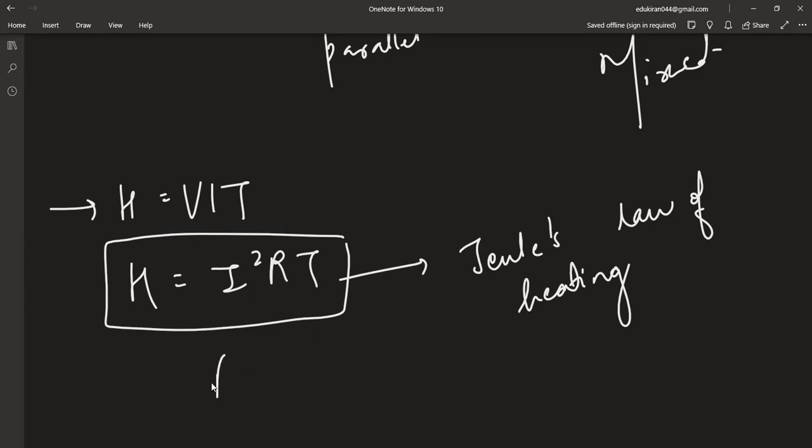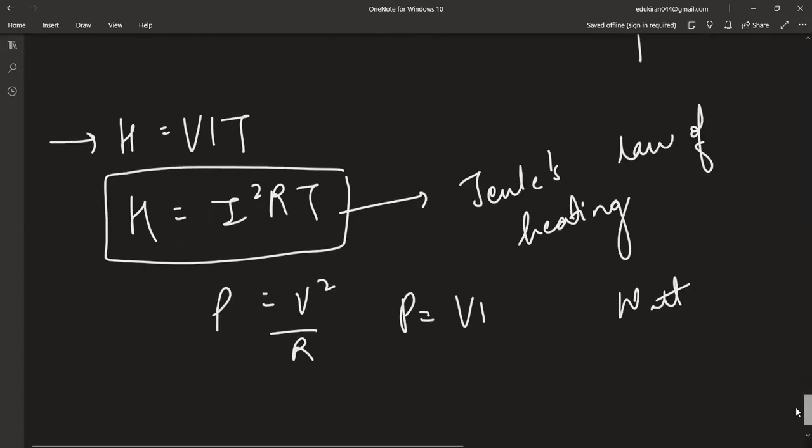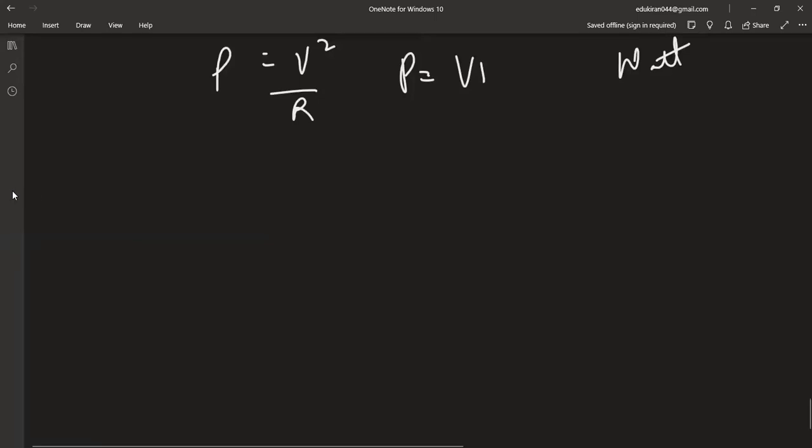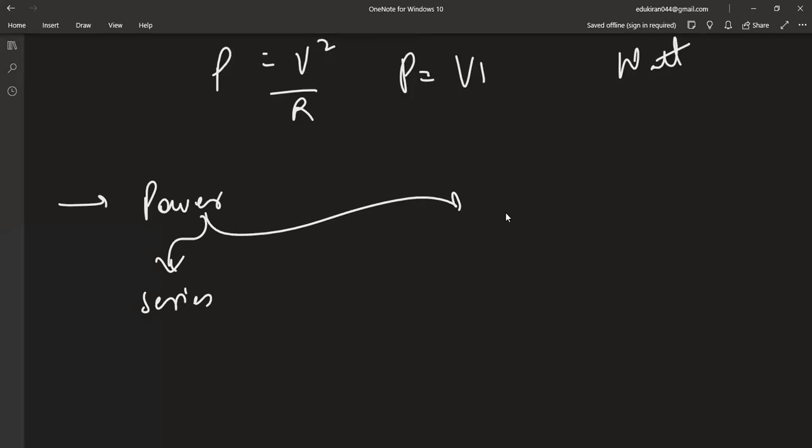Then power can also be related. Power is V square by R, and P is equal to VI. That can be interchanged and converted. The SI unit of power, remember, is watt, right? One more thing in power: if different appliances are given to you and devices are connected in series and parallel, how will you find the net power?